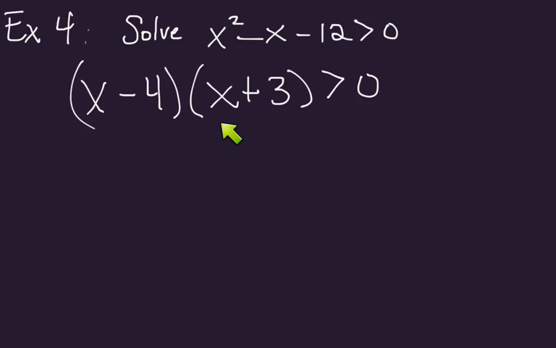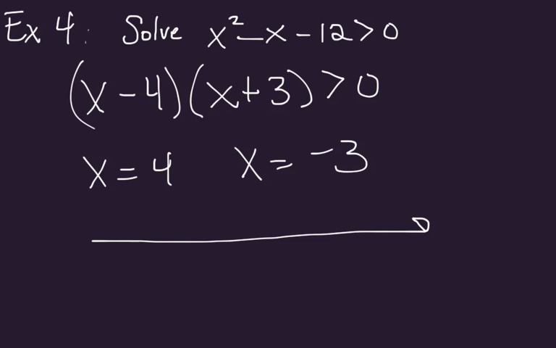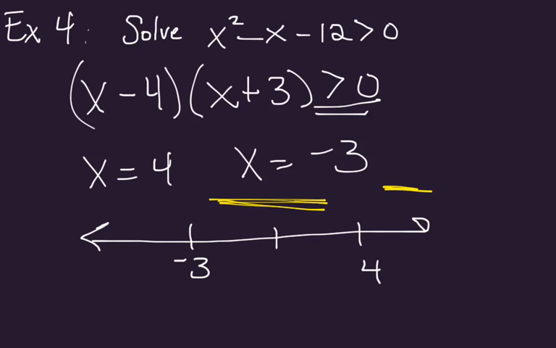When you factor it apart, it gives you critical values. We put those on a number line, so x is 4 and x is negative 3. What that does is it gives you 3 sections: numbers bigger than 4, numbers in between the two numbers you have, and numbers less than negative 3.